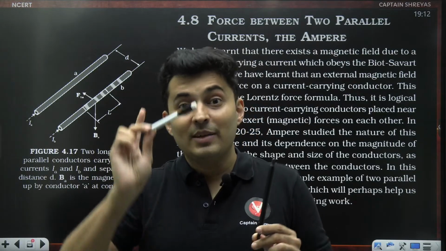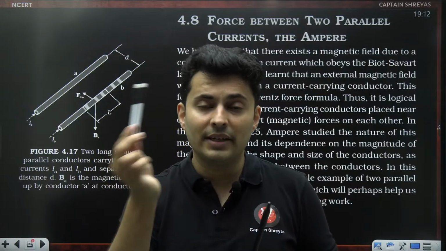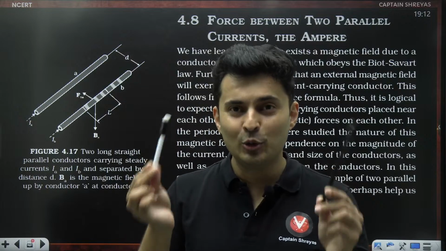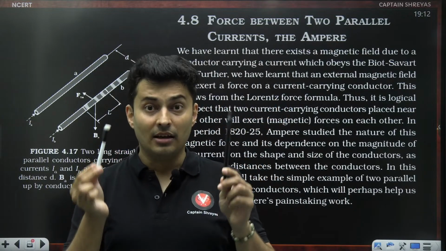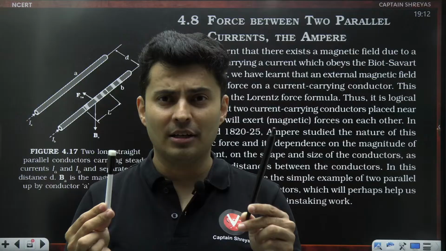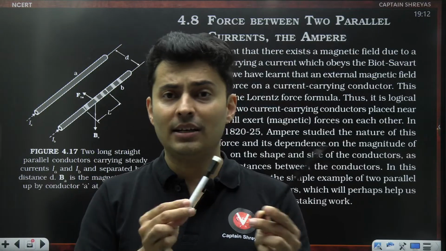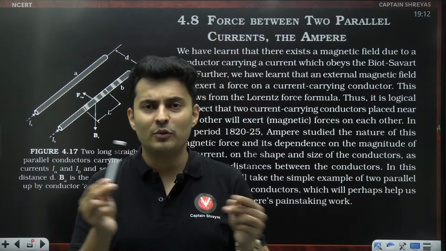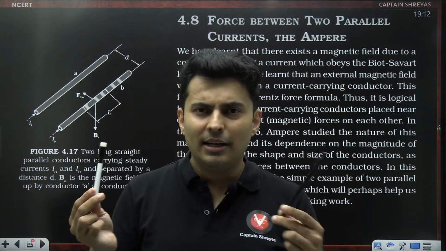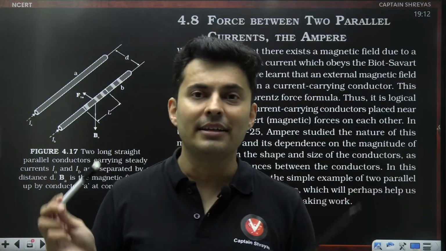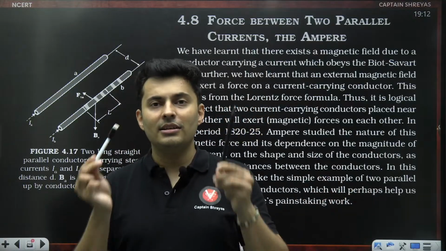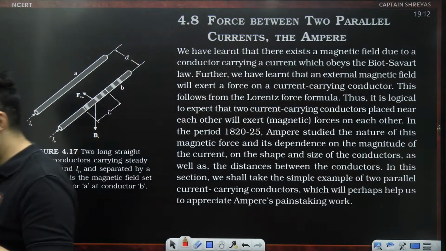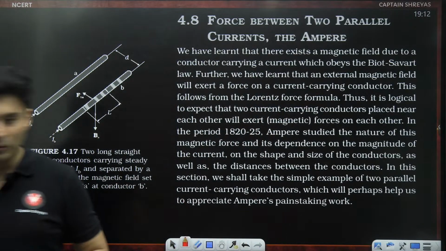Not just that, the other will also produce a field and this one will get affected by it. So two wires carrying currents, if they are placed near each other, will exert action-reaction forces, Newton's third law. They will exert magnetic forces on each other. They might end up attracting or repelling each other. So we are interested in calculating how much this magnetic force is.